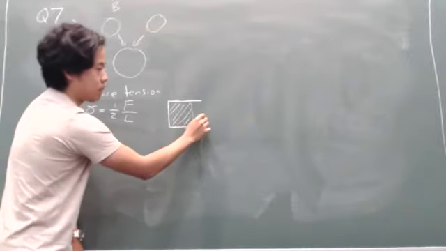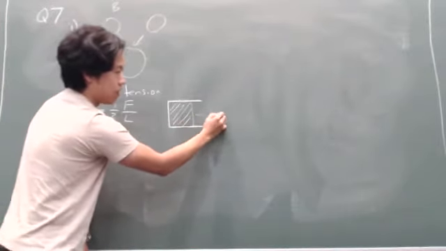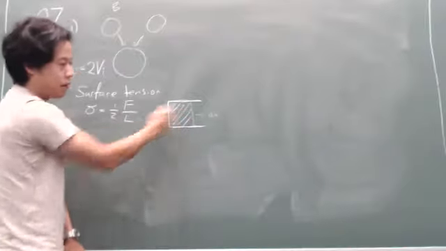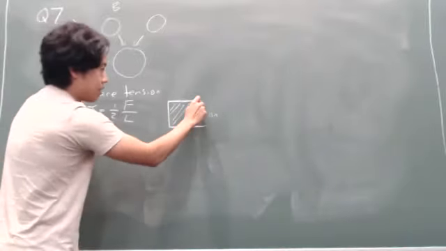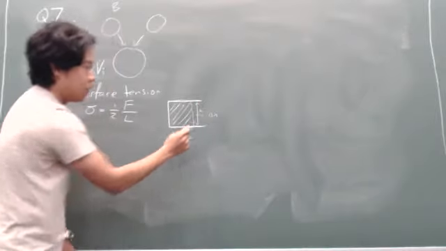And this volume could expand in this direction, so this is the delta x direction. Then this side length L is the L here.